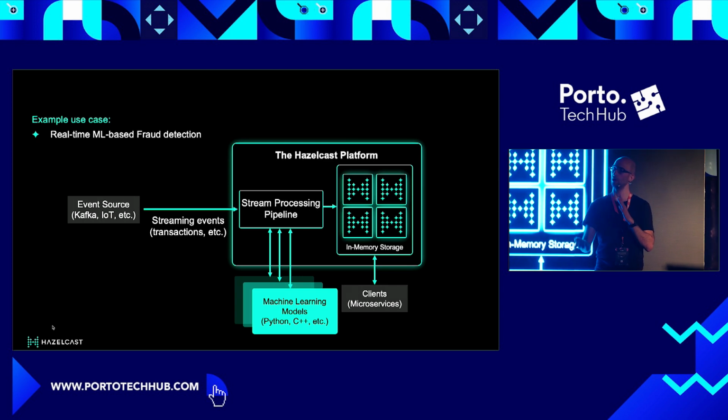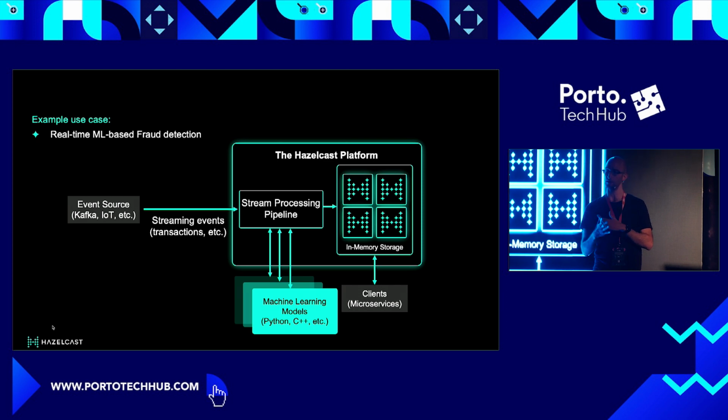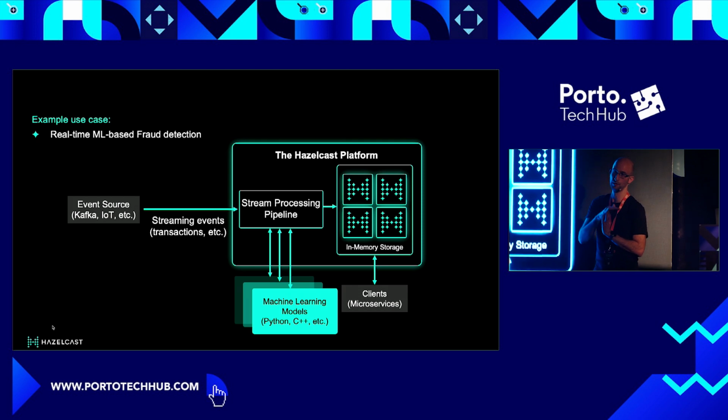Simply because you want to avoid latency. What we're talking about is milliseconds and sub-milliseconds. So you don't have enough time, regardless of how much hardware or how fast your hardware is, you still are limited by the hardware capabilities. So you want to handle these transactions even before you store them with the data into your database.